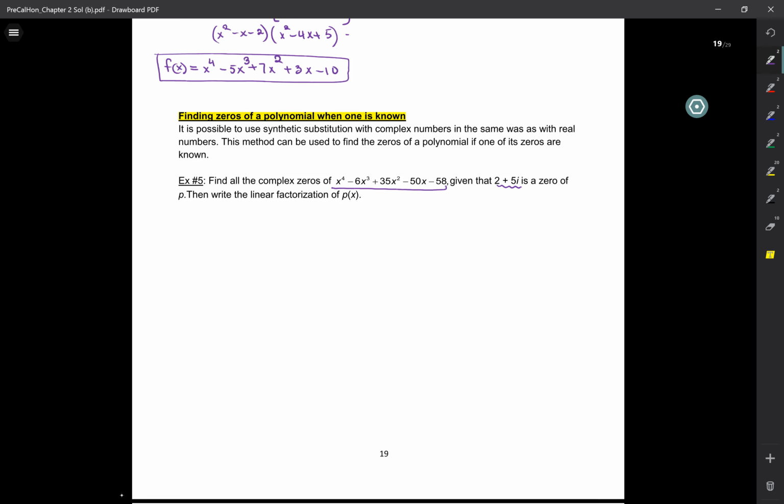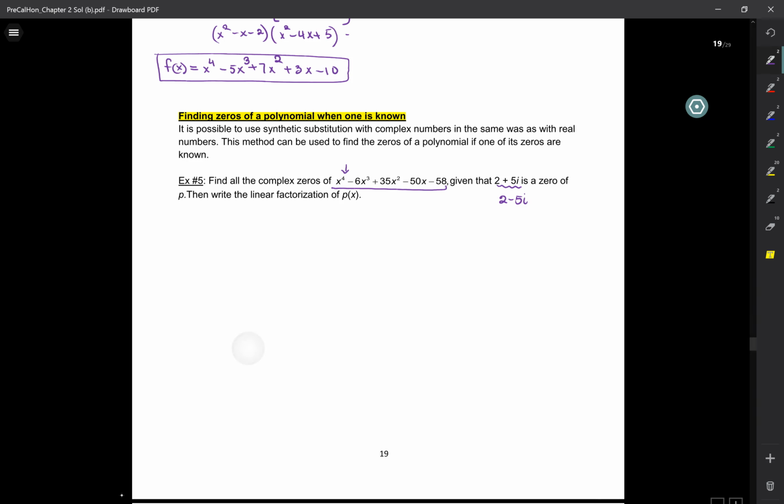Well, I know that if 2 plus 5i is a zero, then so is 2 minus 5i. Since the degree is 4, then I know I need to find 2 additional ones for a total of 4. All right, so what we're going to do is use one of the zeros in a synthetic substitution to get a depressed polynomial and go from there.